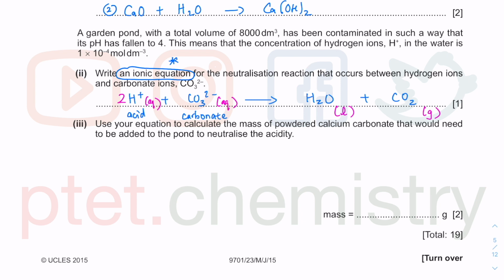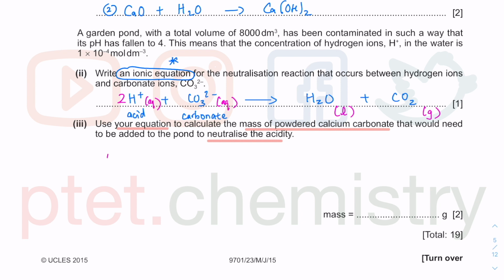Now the very last bit of this question, use your equation to calculate the mass of powdered calcium carbonate to be added to neutralize the acidity. You will see that the H plus acidity, the concentration is 1 times 10 to the minus 4. You have this much total volume.